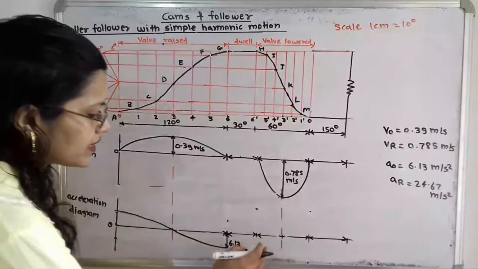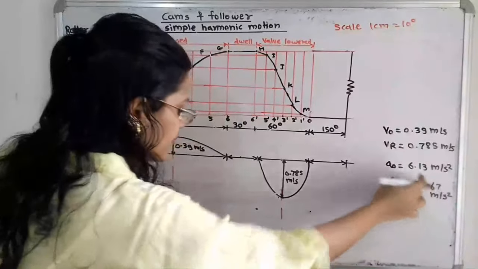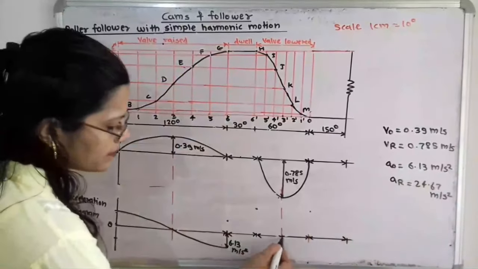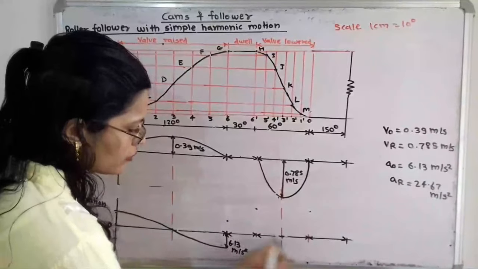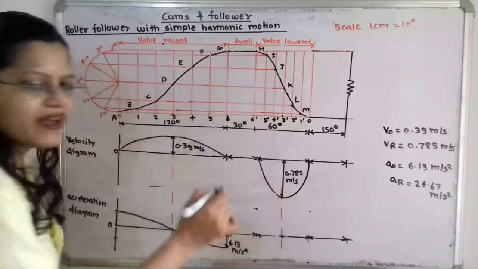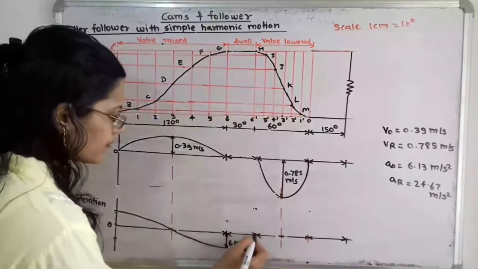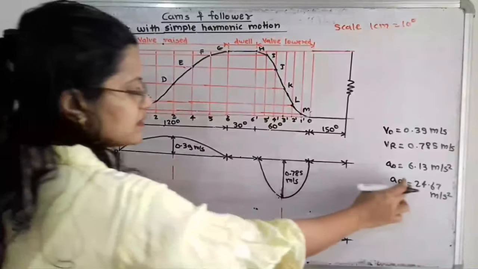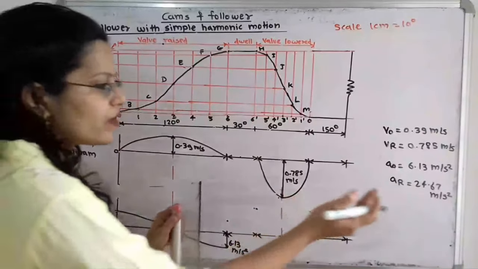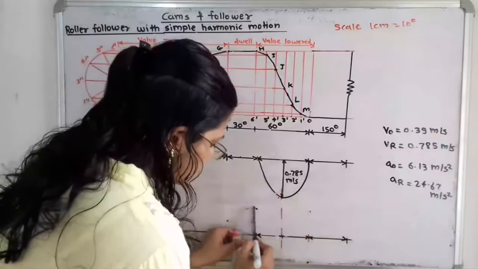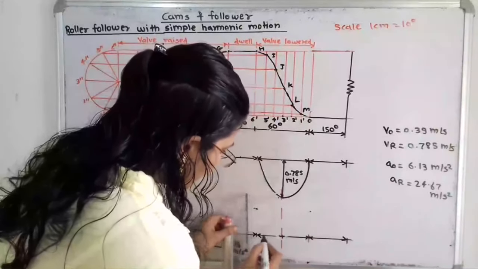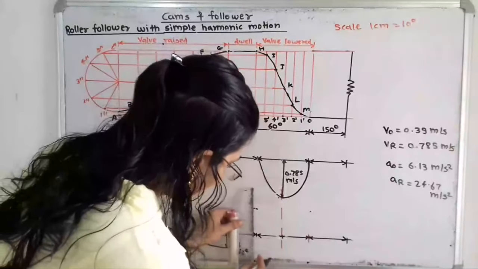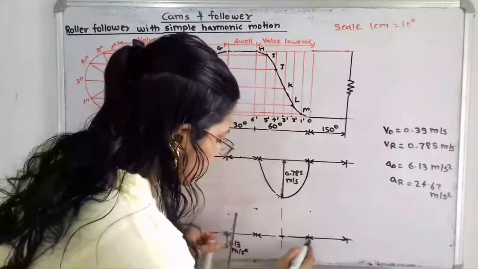Now in the same way, for the return stroke also we will draw the cosine curve. For the return stroke the maximum value is 24.67. At the midpoint the value is 0, and at the start and end the value is maximum. Here we have to take the vertical distance with proportional scale. So 1:half, that is 12.33 we have to take here. From the starting point I will take something like 12, and here is 12.